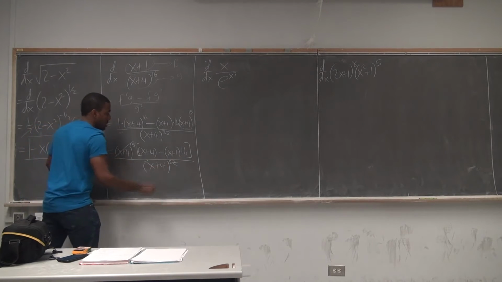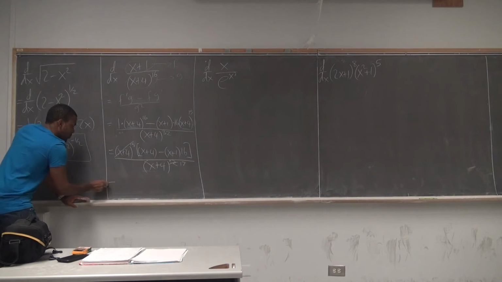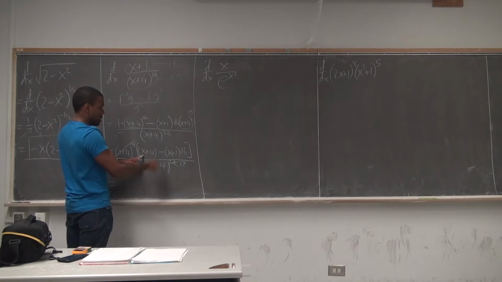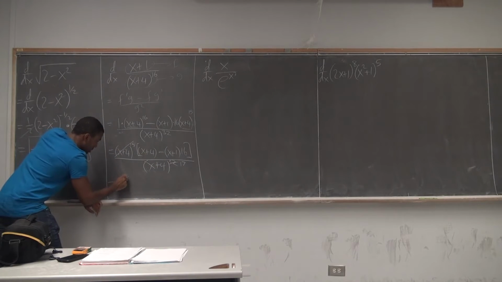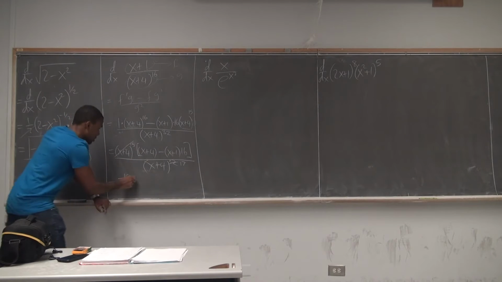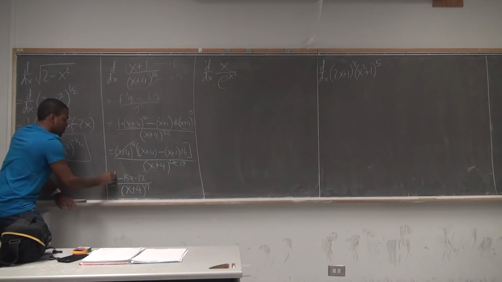So this goes into that how many times? That's 17. And so now I can simplify it here. This is x minus 16x, so it's minus 15x. This is 4 minus 16, minus 12, over x plus 4 to the 17.